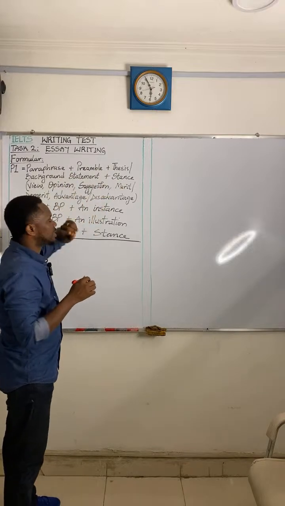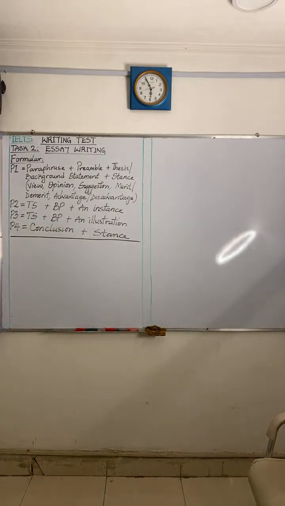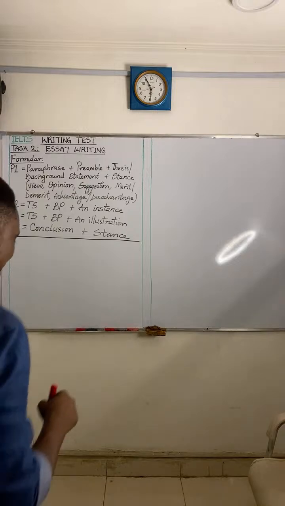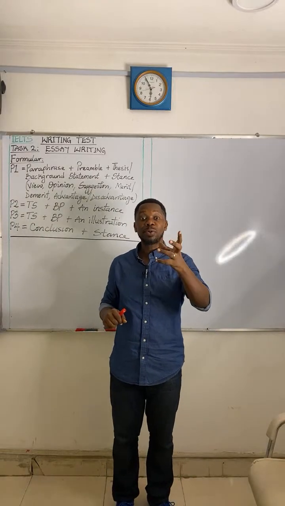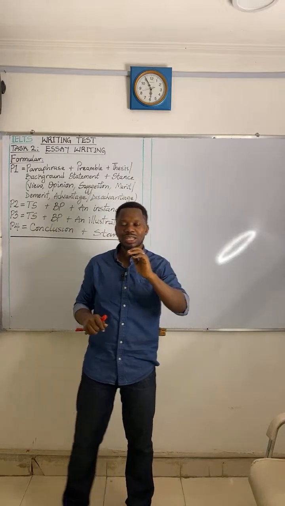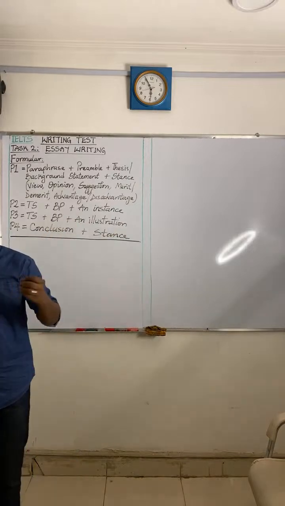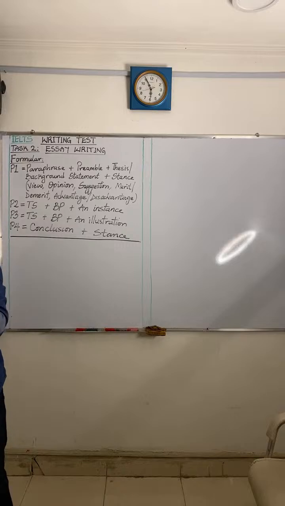Thesis or background statement is synonymous with manifesto. Do we know what a manifesto is? Manifestos are usually given by politicians during their campaigns. They go before the supporters and begin to say things they would like to achieve if voted into power.